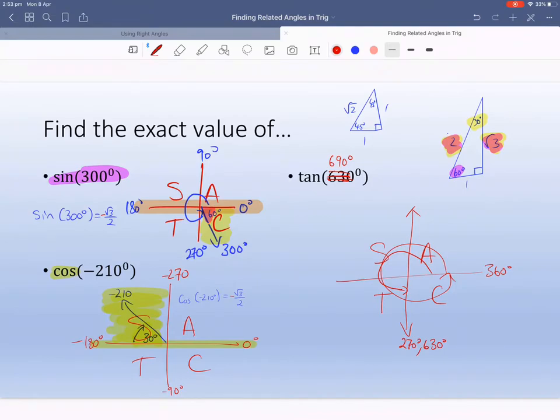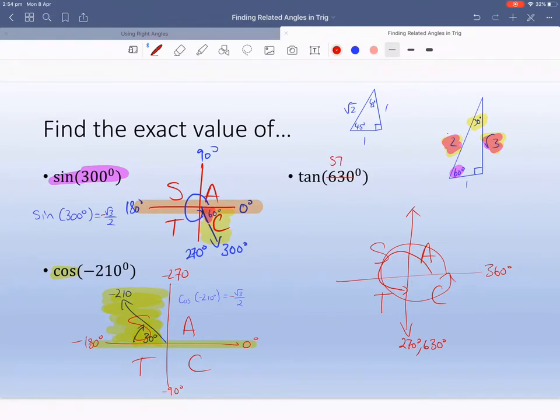So now I'm going to change it again. Let's change it to tan 570, okay?